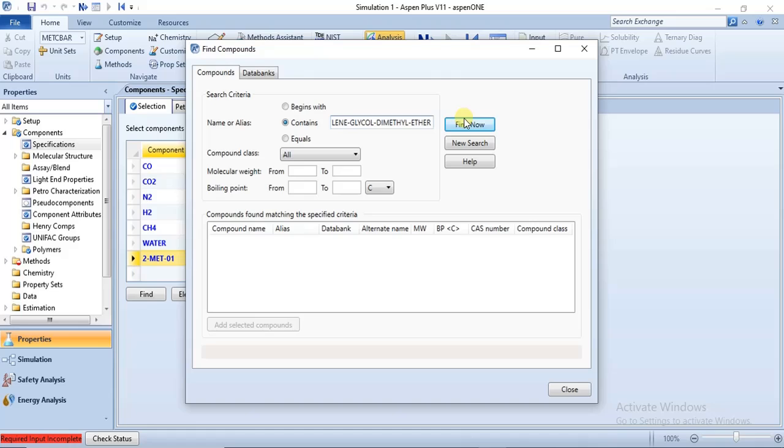Right, so I will now click find. So it searches from all the selected data banks, right?